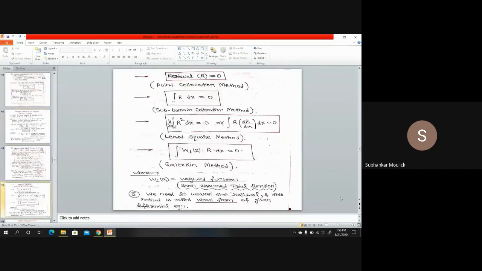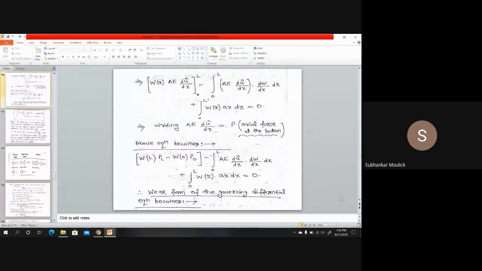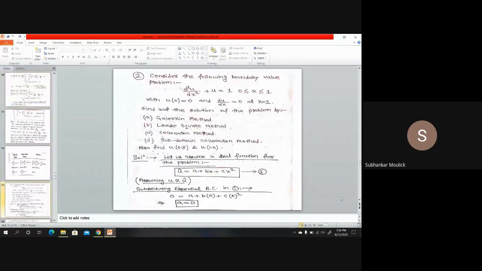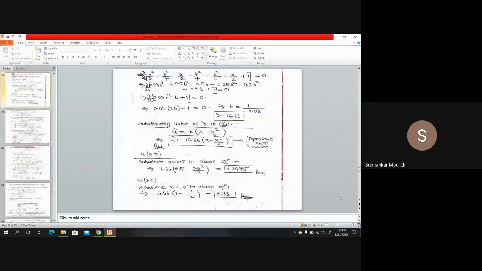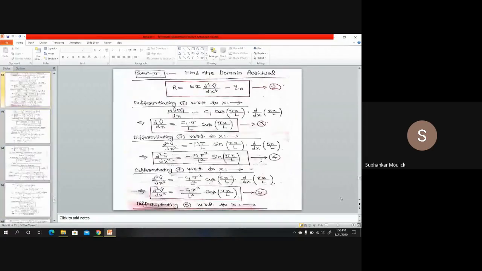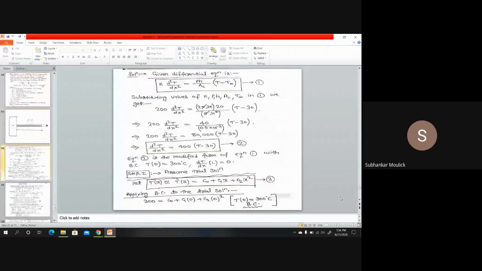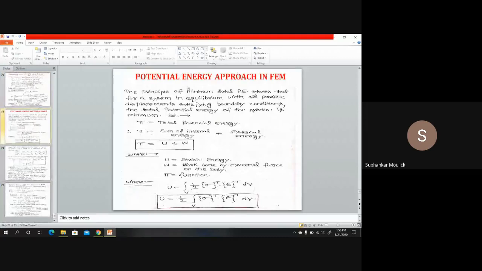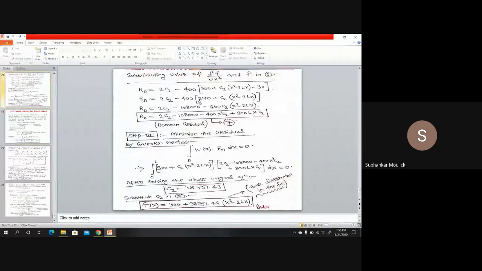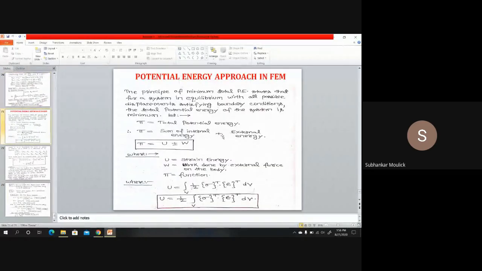And that is the potential energy approach in FEM, because we will be using this concept to solve the problems related to Rayleigh-Ritz's method, and this concept will be used in the second module also.